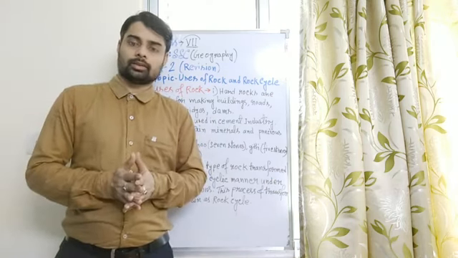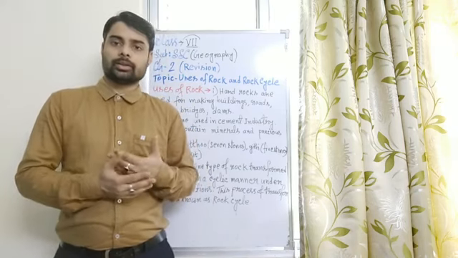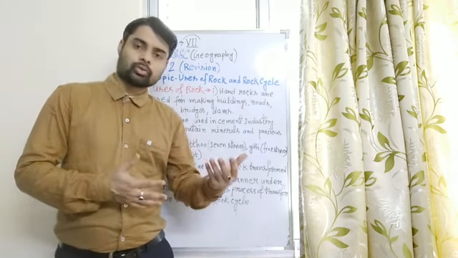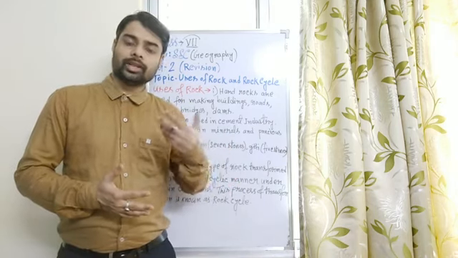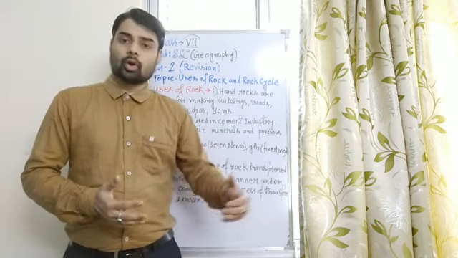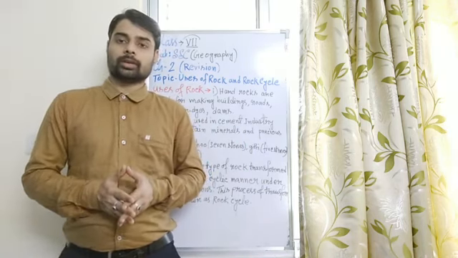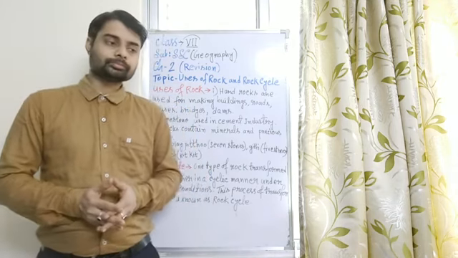Day by day they are deposited layer by layer, and through the course of millions of years of transformation, they turn into sedimentary rocks. That's why sedimentary rocks are made up of different sediments.